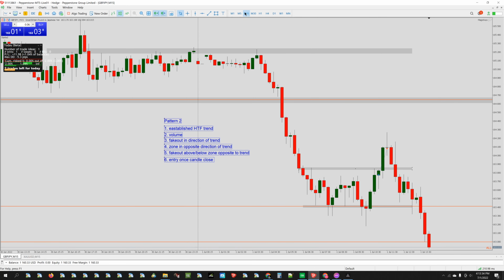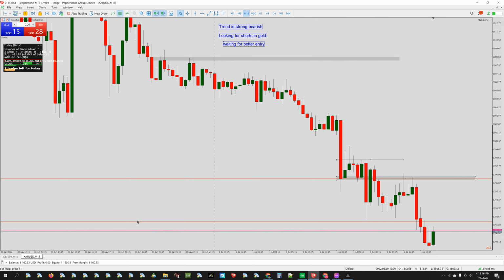I'm pretty impressed by the quantity of these patterns, or by the occurrences of these patterns. I will be looking at gold today, and there is a high probability that we may find some pattern 2 at this point. For now, it makes sense for us to just wait.